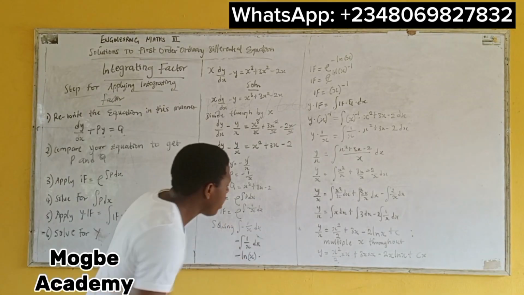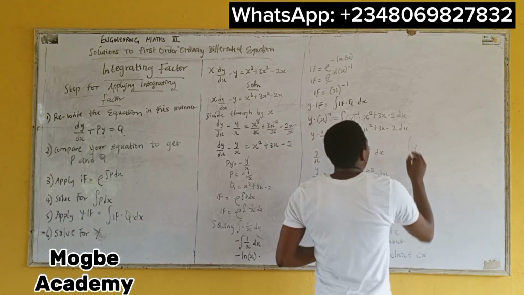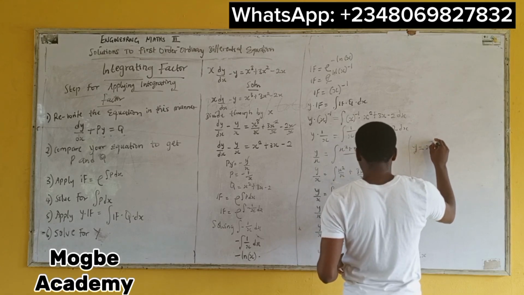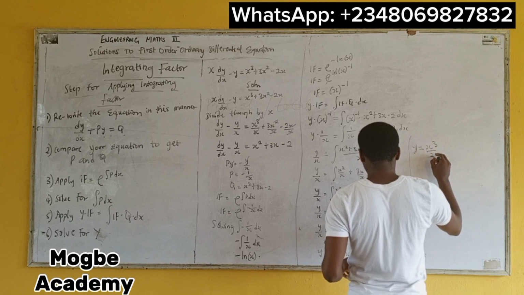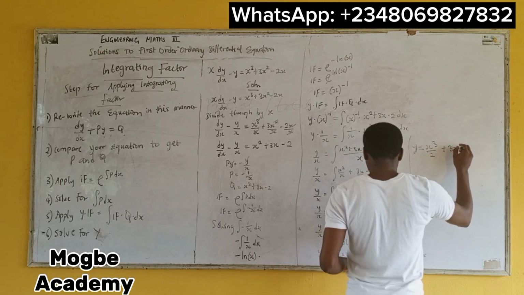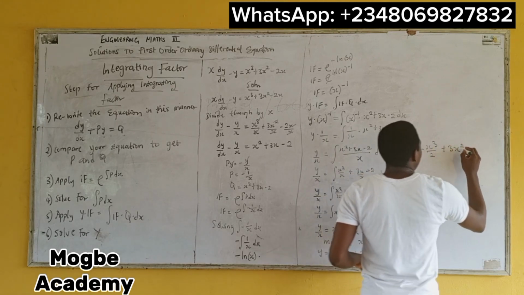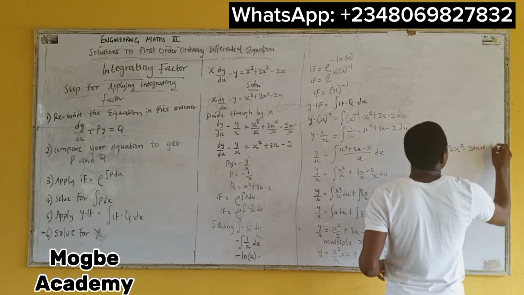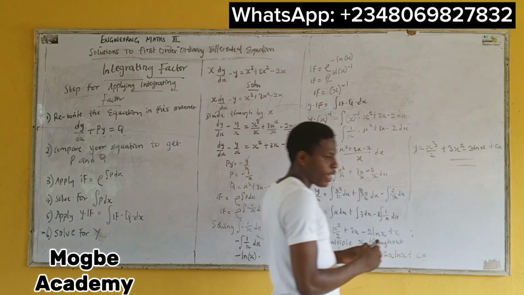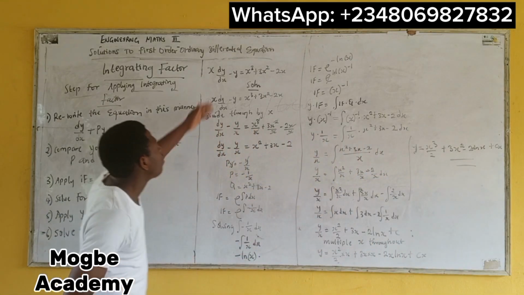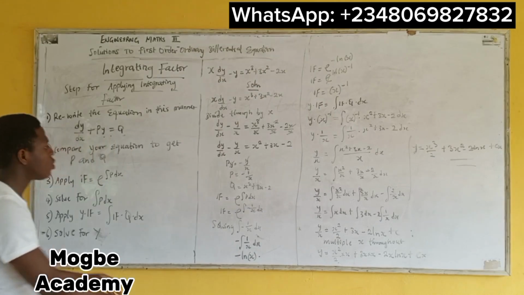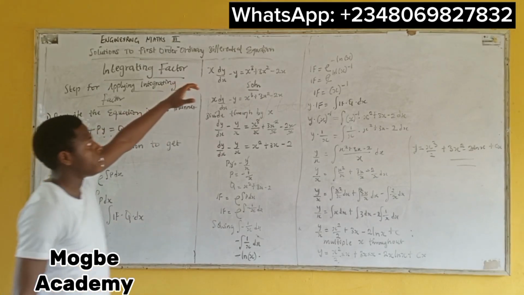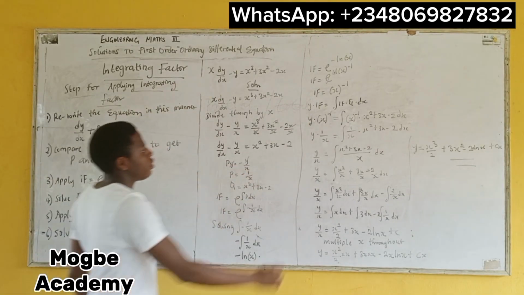So doing that, your final answer, you arrive at y is equal to x raised to the power of 3 over 2 plus 3x squared minus 2x ln x plus cx. So this will be your final answer for your equation here. So you've used your step and your approach to solve for this equation. And this is your final answer.